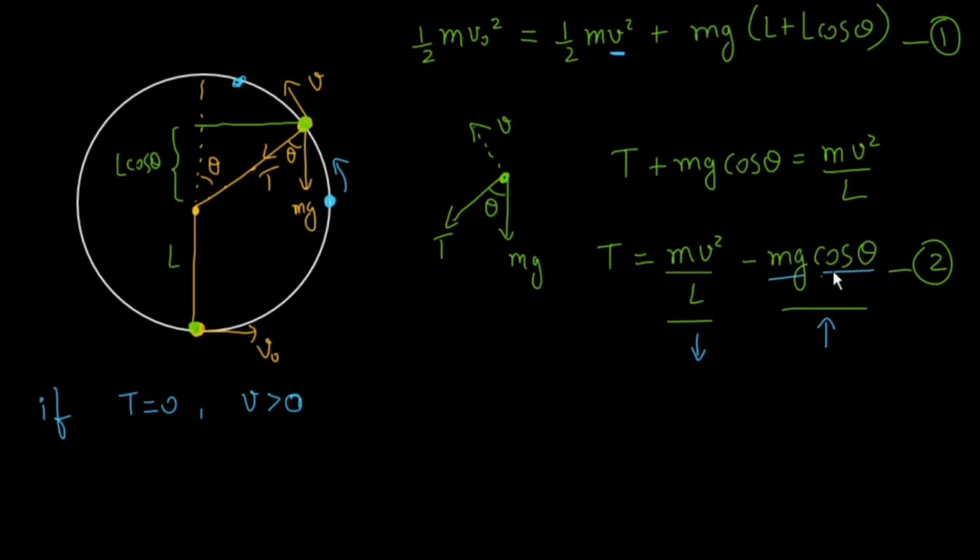There is no point of talking about negative tension. So tension will become zero, but speed will not become zero still. Speed will still be there. So this term and this term are equal when tension is equal to 0: mv square by L is equal to mg cos theta.